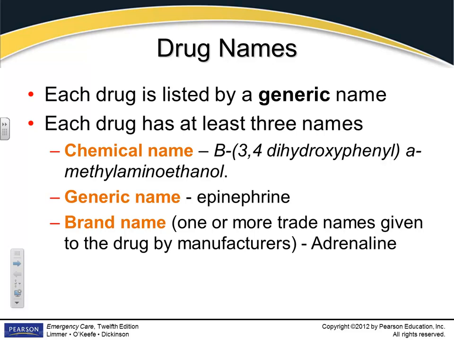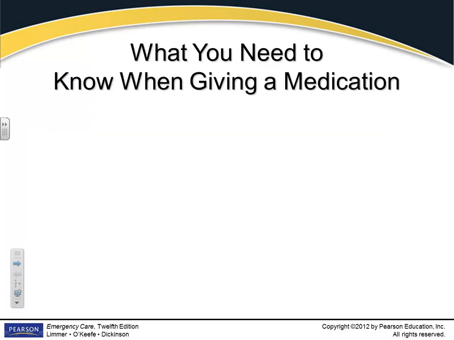Benadryl would be the trade name. Diphenhydramine would be the generic name. But that's important to know. Like if you take Excedrin PM or Tylenol PM, if you look on there, it says it's got 25 milligrams of diphenhydramine in it. That's Benadryl. That's what makes you sleep. So it's good to know some of those things sometimes.